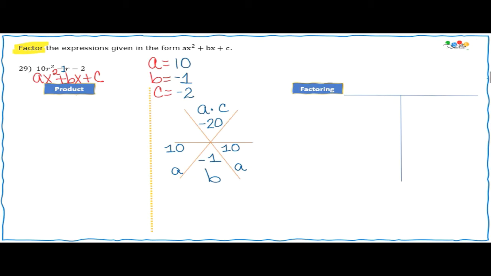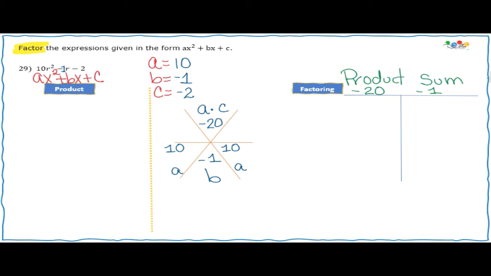So now we're gonna go to the table and we're gonna work on the table. I need to find the product for negative 20, and at the same time, I need to find the sum of negative 1. Okay, so let's start with the product of negative 20.